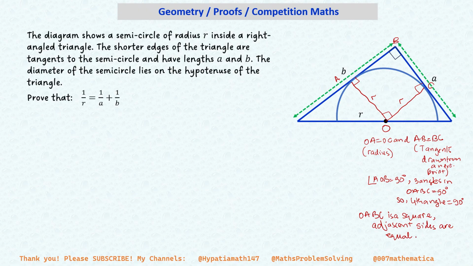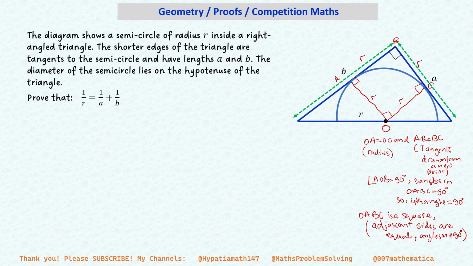And all the angles are 90 degrees. So if OABC is a square, then AB would be equal to r and BC would be equal to r.